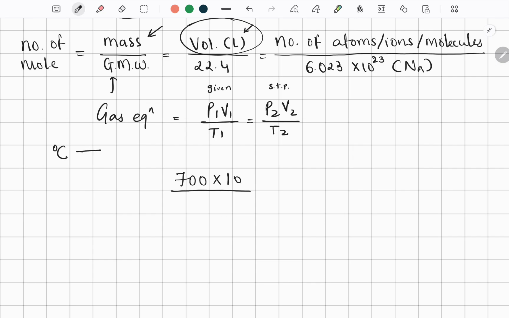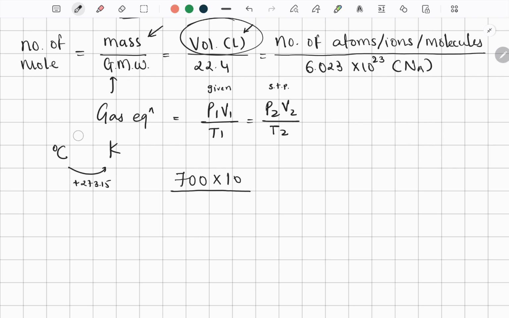We have to convert degree Celsius into Kelvin by adding 273.15. To convert degree Celsius to Kelvin, we add 273.15, and to convert Kelvin into degree Celsius, we subtract 273.15.